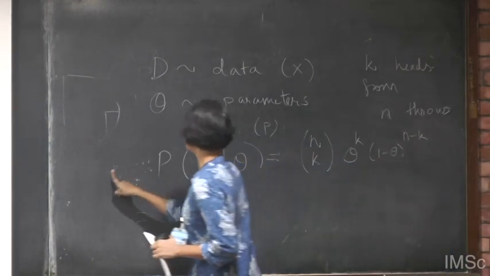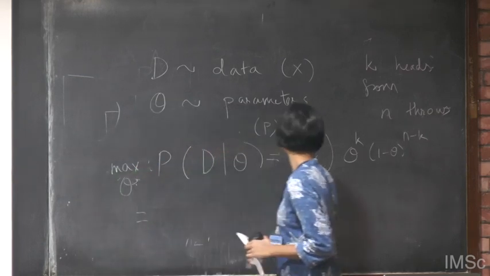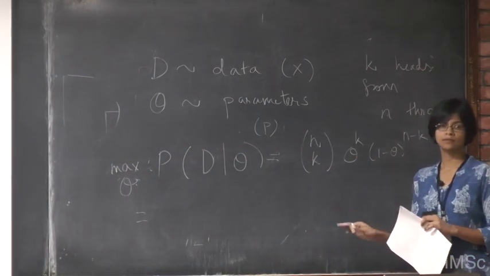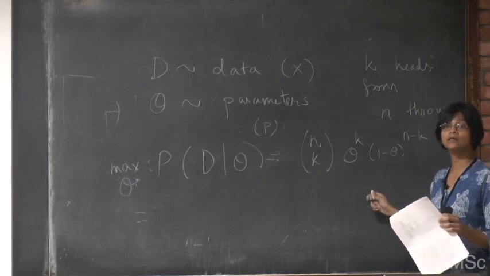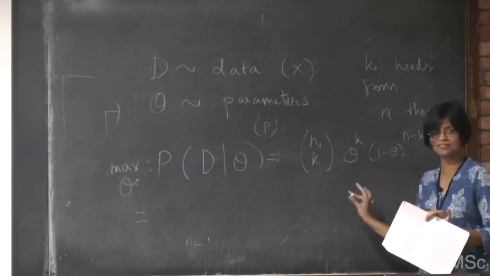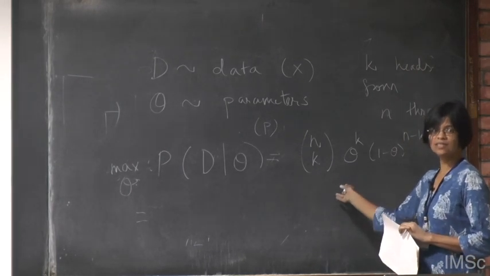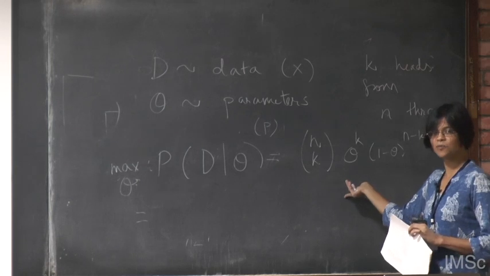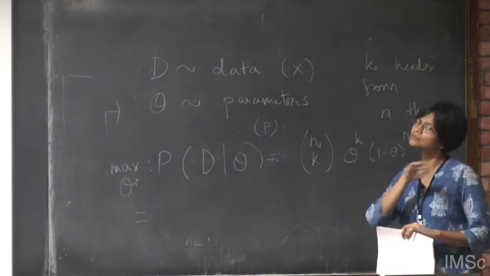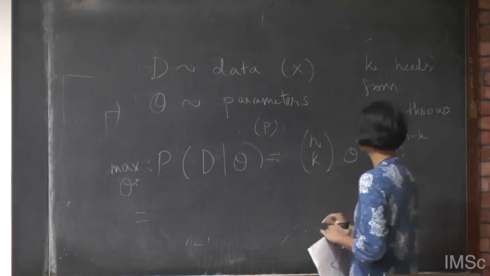So how do you maximize? You want to maximize this function over theta. Derivative. This is literally the only time that you will see me do any calculus. So you take the derivative of this and equate that to 0. Can you do it? Tell me what you get.